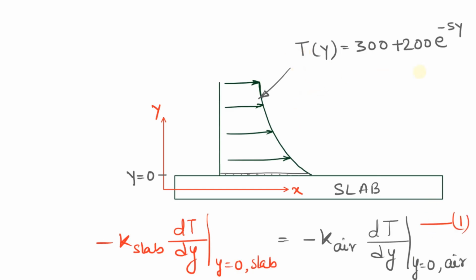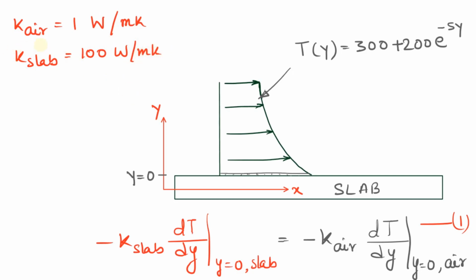The thermal conductivity of air is given: k air is 1 watt per meter Kelvin. And k slab is also given: k slab is equal to 100 watt per meter Kelvin.